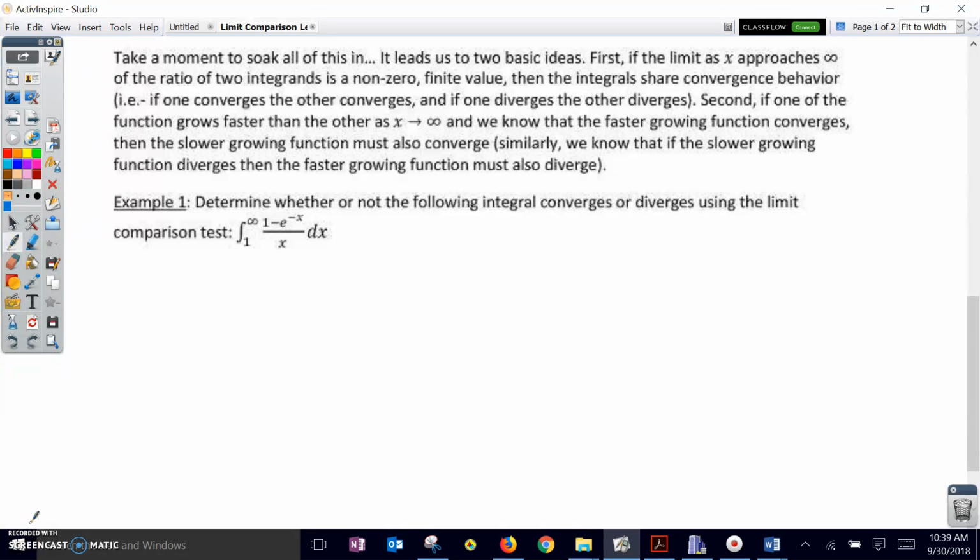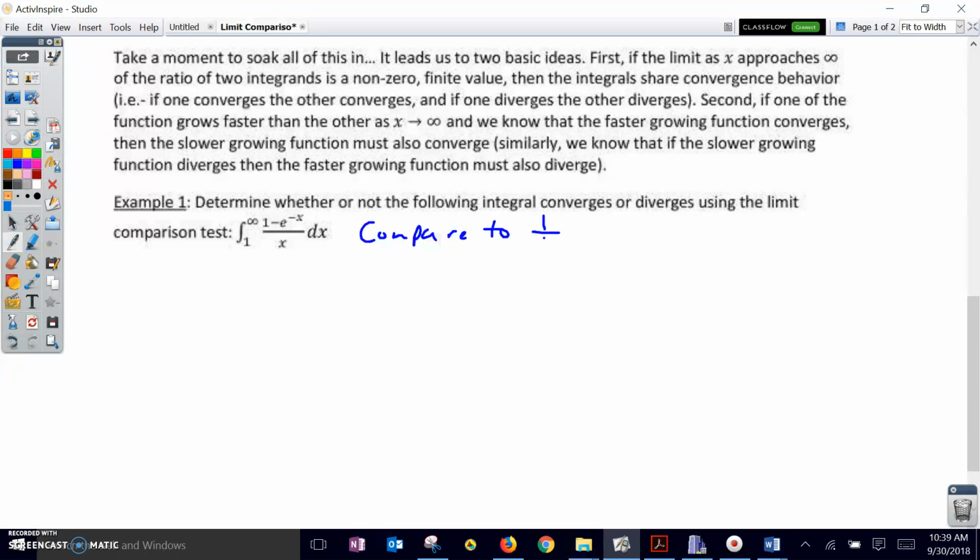Okay, so that enables us to cut through the idea of is it bigger or smaller and just compare. So I'm looking at this function. Basically, I know that the numerator is going to be somewhere between 0 and 1 based off of the limits of integration.